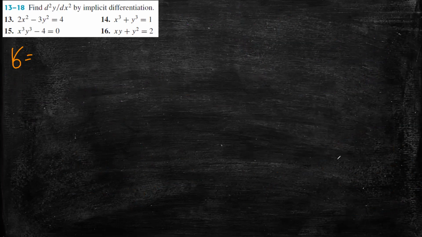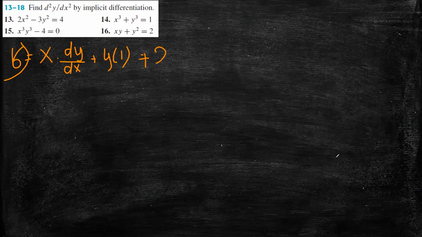So the first one, x times the derivative of the second term plus y times 1, since this is for x times y: the first one times the derivative of the second one plus the second one times the derivative of the first one, plus 2y times dy over dx, since we find the derivative of y equal 0.